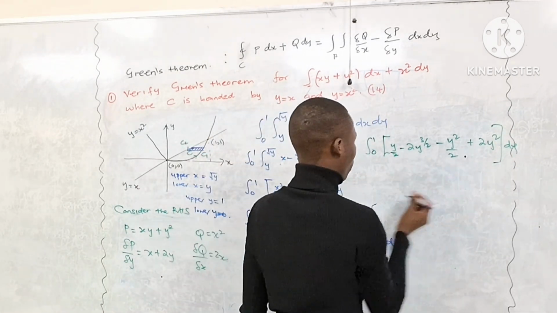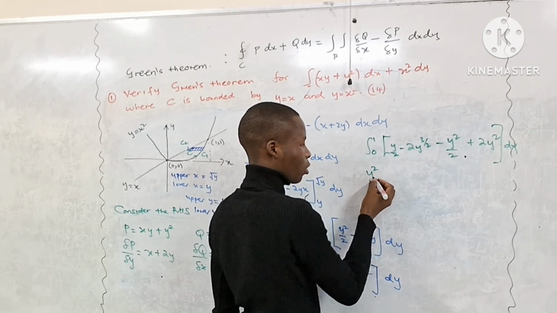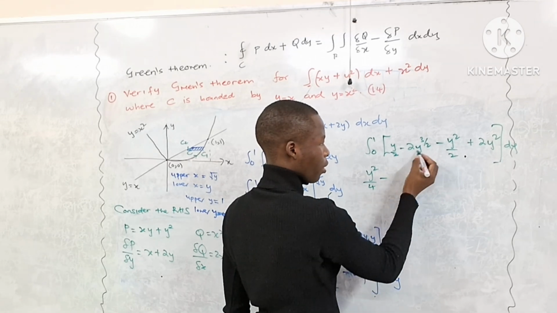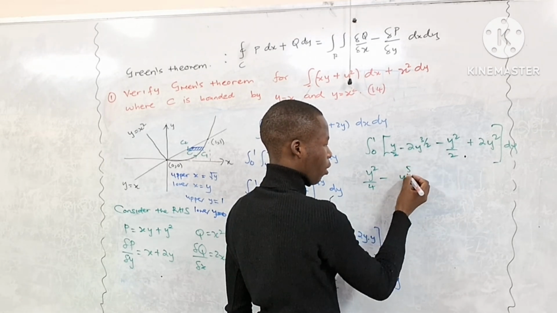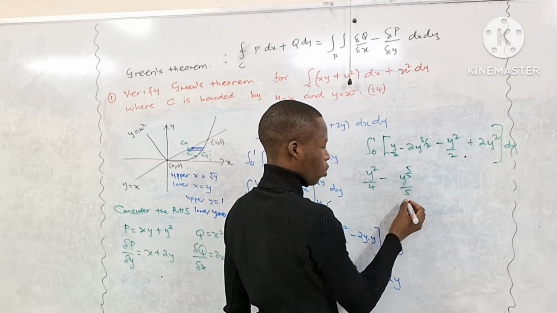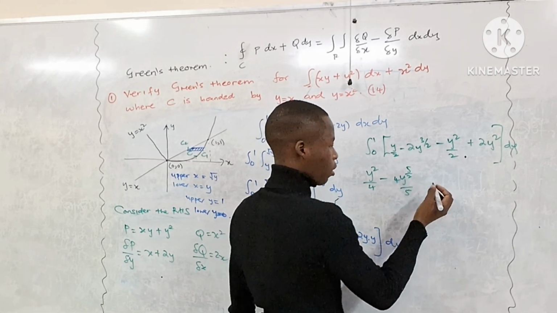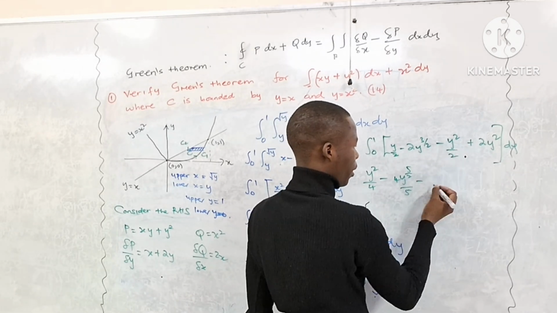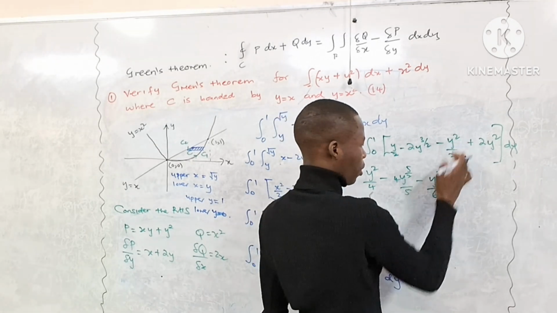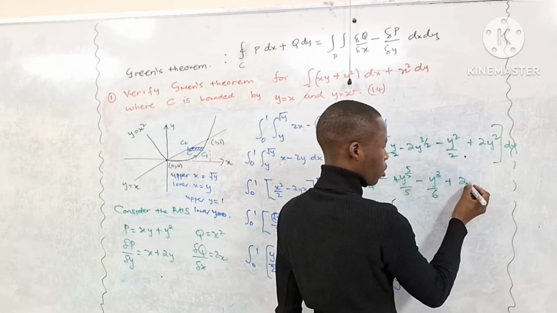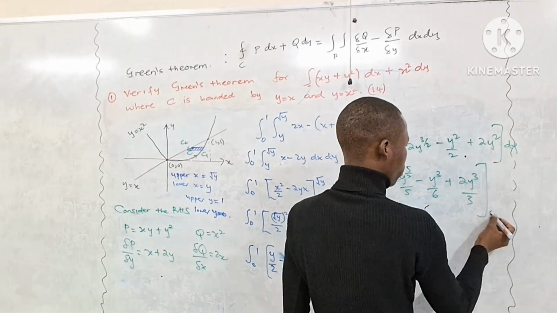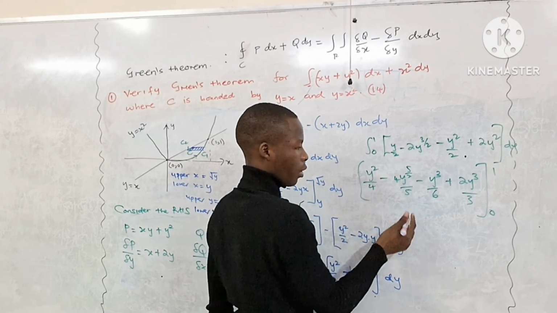So let's integrate this with respect to y. This is y squared by 4 minus, this becomes y to the power 5 over 2, so you are going to divide by 5 over 2. We are going to divide this by 5, then here it becomes 4. Subtracting here, this is y to the power 3 by 6 plus 2y to the power 3 by 3, from 0 up to 1.